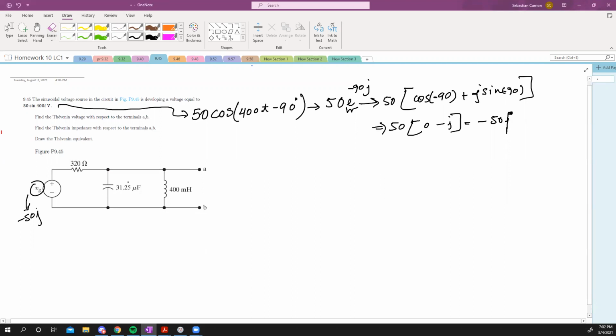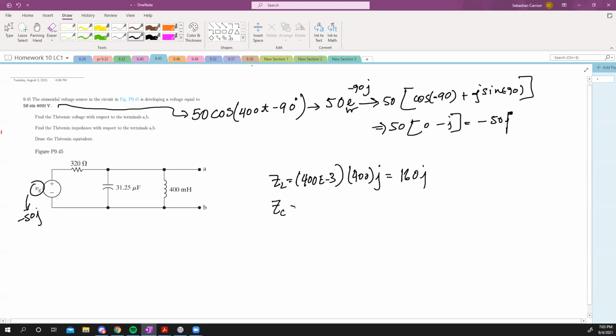And then we can go ahead and do the equations for the capacitor and the inductor. So we calculate the impedance for the inductor: 400 times 10 to the negative 3 times 400j, so that would be 160j.